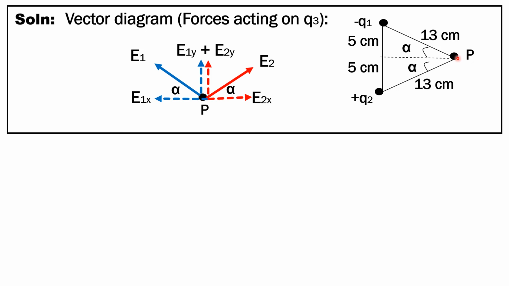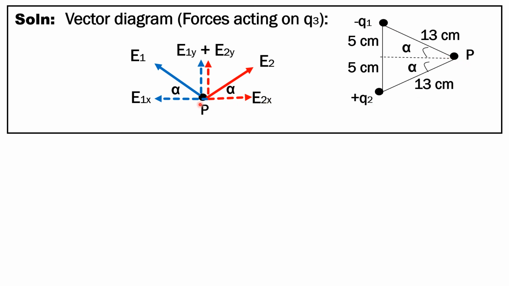In other words, Q3 will experience forces due to center charge negative Q1 and due to charge Q2. But what we are going to label in our vector diagram are the electric fields at point P due to negative Q1 and due to positive Q2.